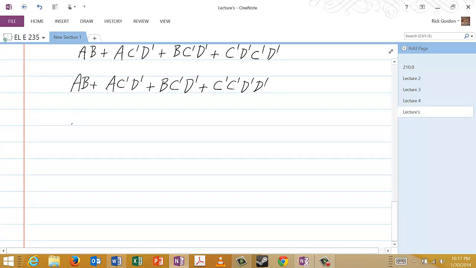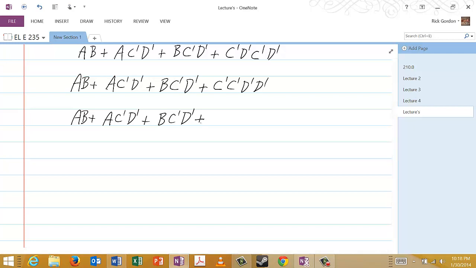And of course, this then gives us AB, or A C complement D complement, or B C complement D complement, or remember, any Boolean variable ANDed with itself is itself. So C complement ANDed with C complement is C complement, and D complement ANDed with D complement is D complement.